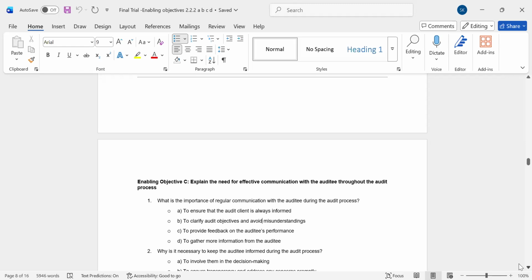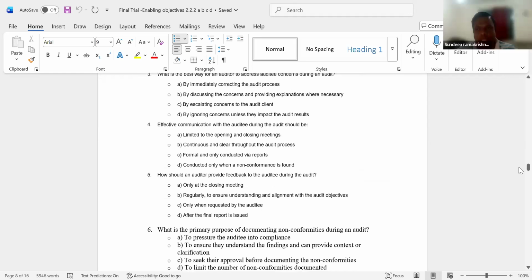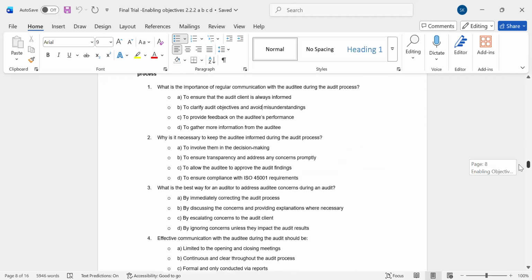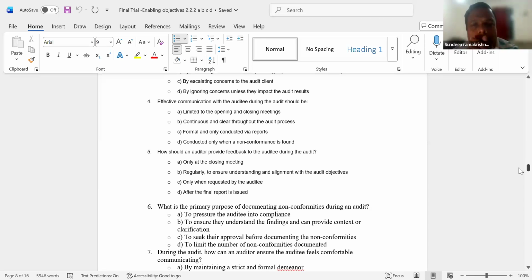But if the fifth is B, I understand: regularly, and to ensure understanding and alignment. That is feedback. I am agreeing with communication. What is the difference between feedback and communication? Communication is when we provide feedback after evaluating, saying this needs to be changed, that is feedback.